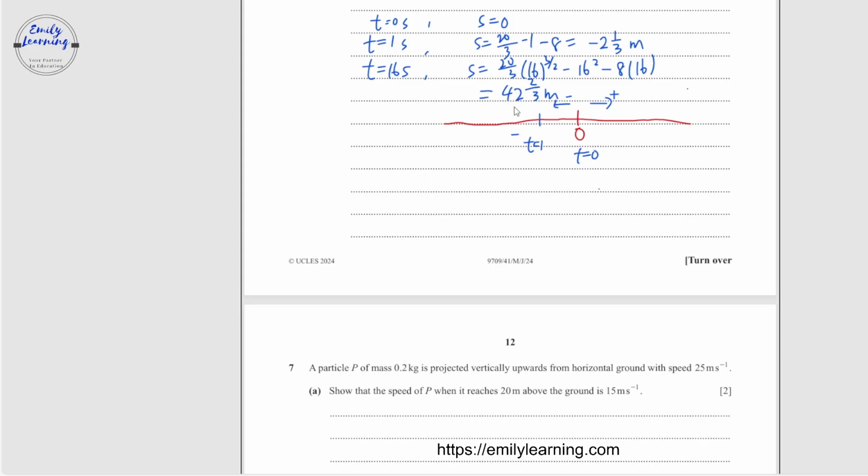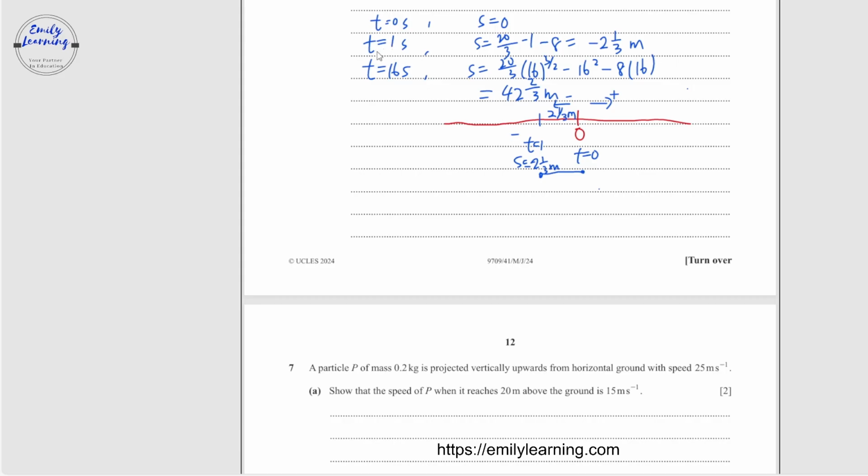Here the displacement is negative 2 1/3 meters, and for the distance we ignore the negative sign, so it is 2 1/3 meters. From here to here, it has traveled 2 1/3 meters.